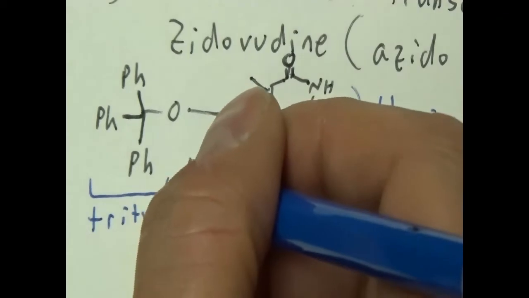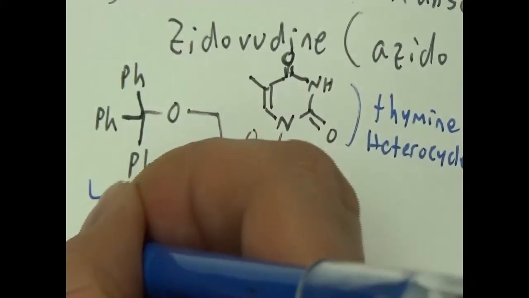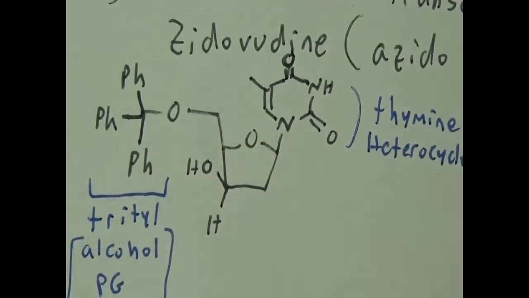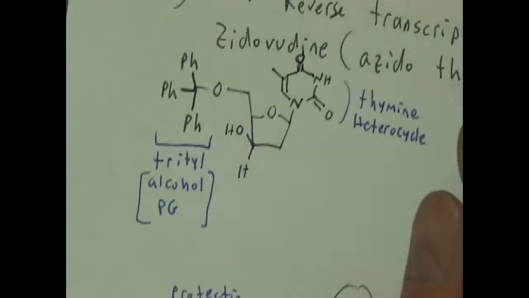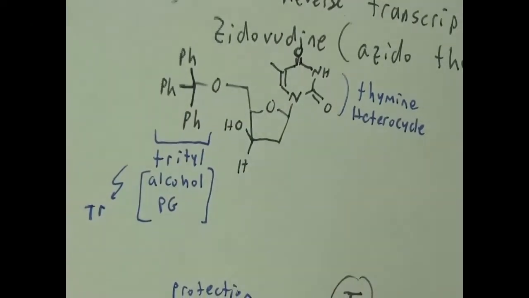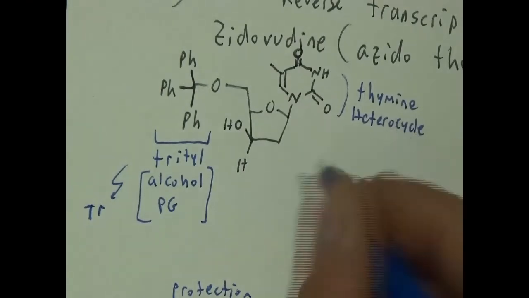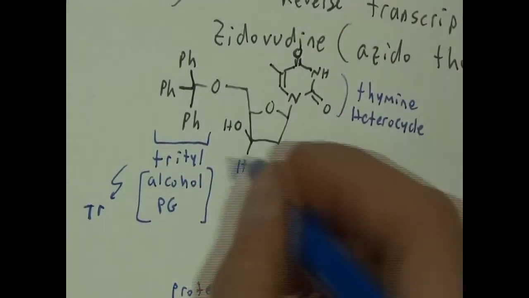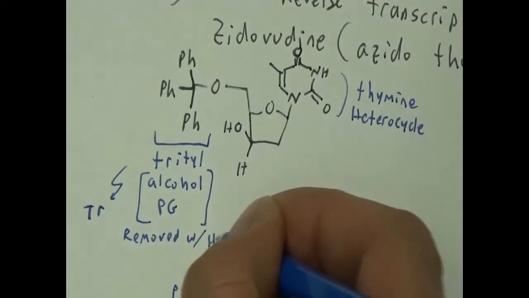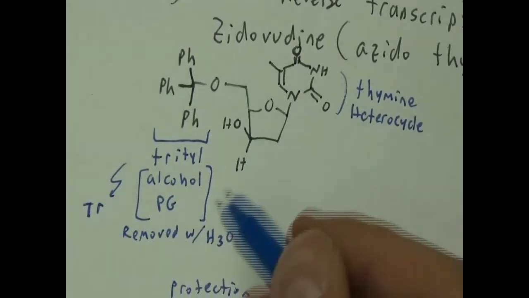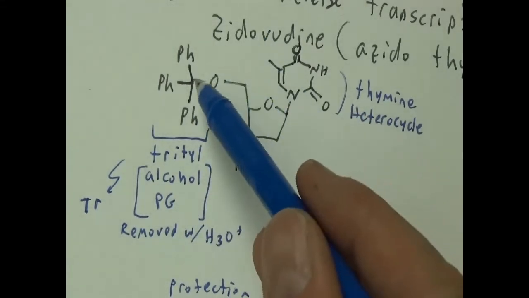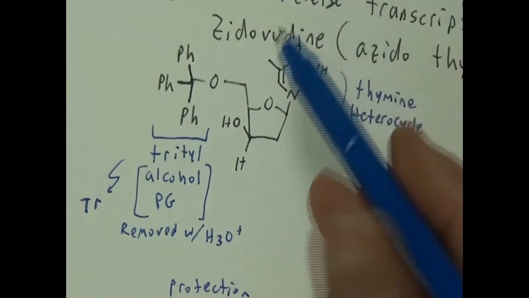Sometimes we abbreviate it as TR. And every protecting group has to be removed somehow, and this is removed with acid: H3O plus, or I think maybe acetic acid, or some kind of strong acid. I think even acetic acid, which isn't the strongest acid.